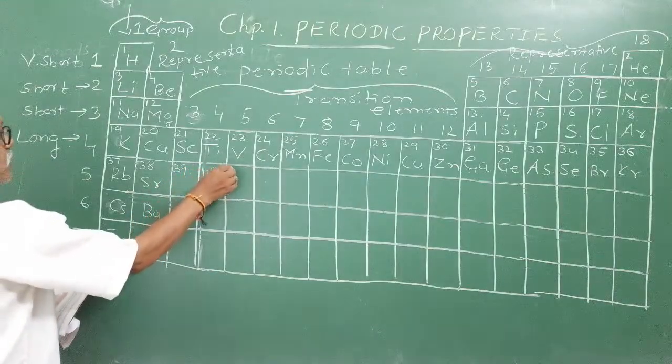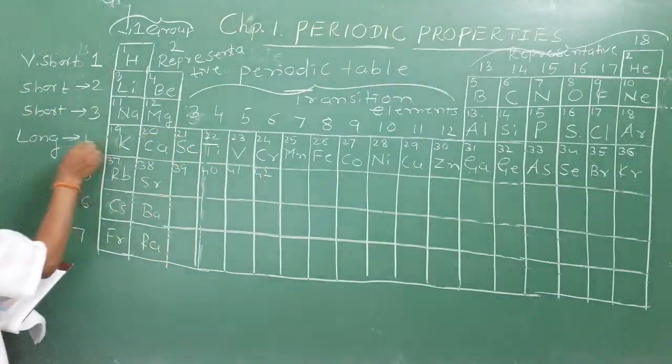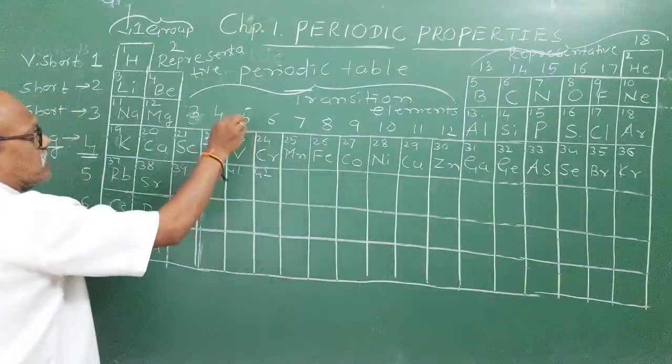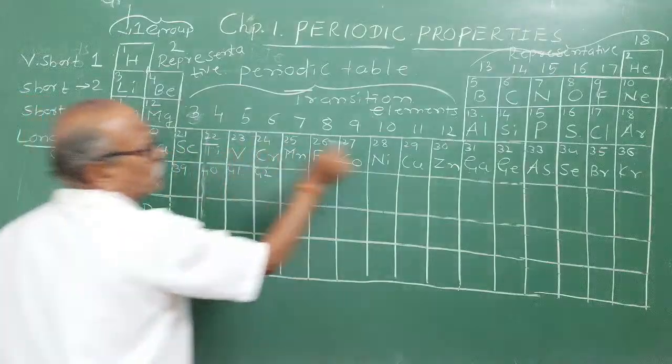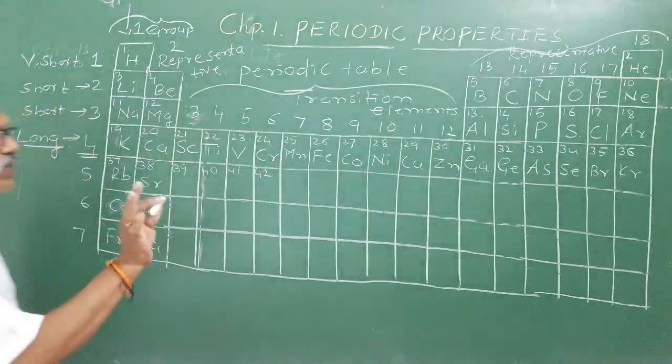40, 41, 42. This fourth period is called the first transition series, because the transition elements from scandium, atomic number 21, to zinc, atomic number 30, are called the transition elements. Why are they called so?